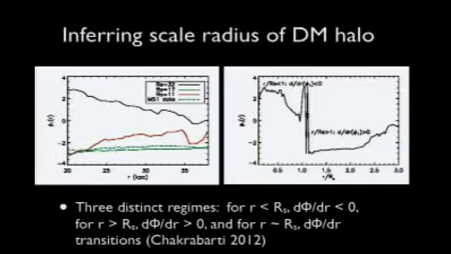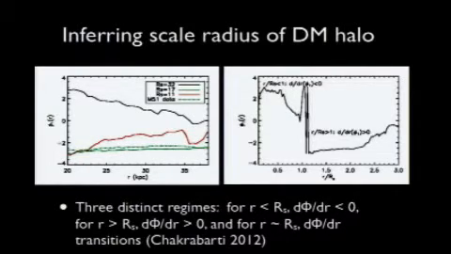You can understand this physically a little bit more by looking at the phase as a function of a dimensionless radius. That is, by plotting it as a function of the radius divided by the scale radius. And in these units, you see that interior to the scale radius, this is the plot on the right, the phase has a negative gradient.